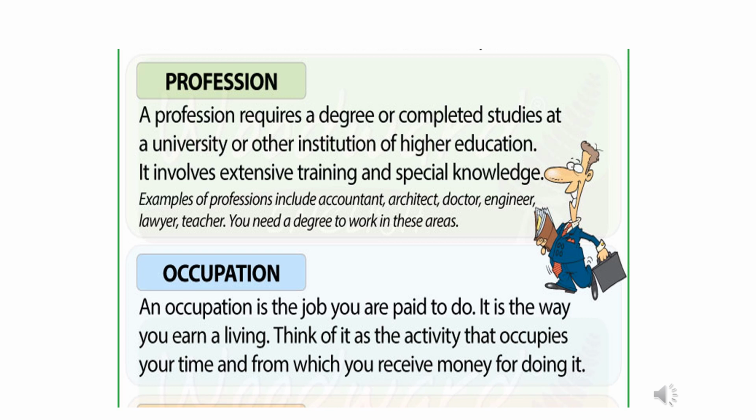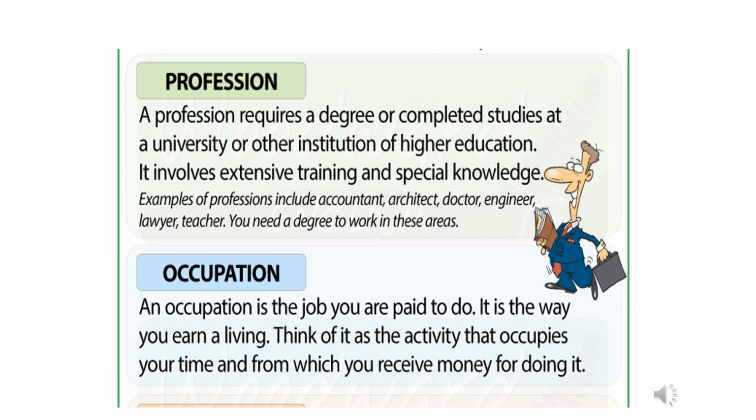Here we are going to learn about profession and occupation. Here is the definition of profession, which says a profession requires a degree or completed studies at a university or other institution of higher education. It involves extensive training and special knowledge.